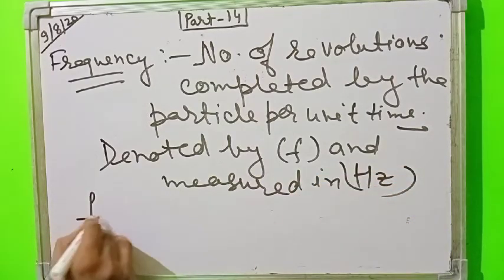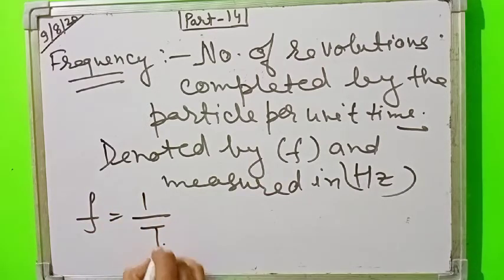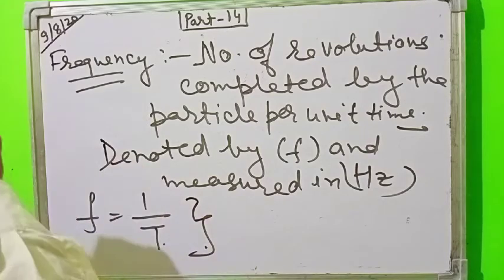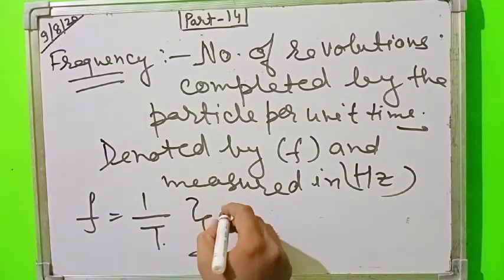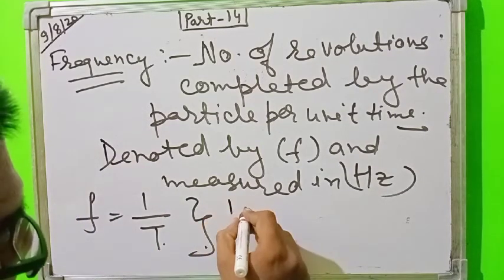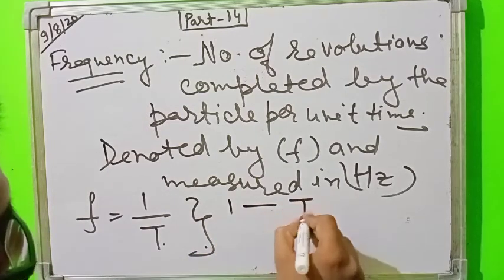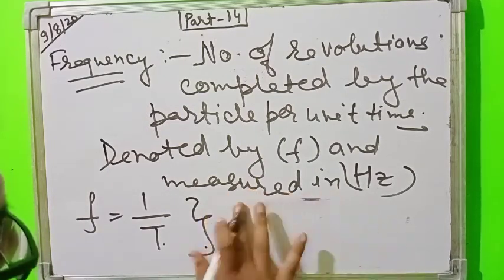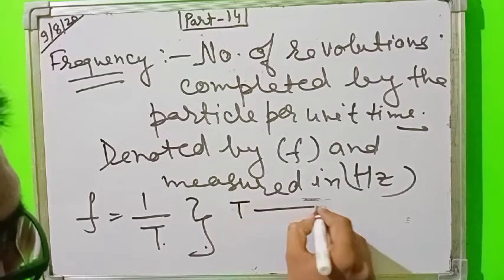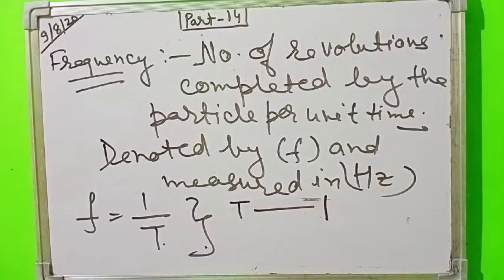That is, frequency is equal to 1 upon time period. Obviously, by the unitary method you can also discuss. For one revolution the time is T, where T is the time period for one revolution.